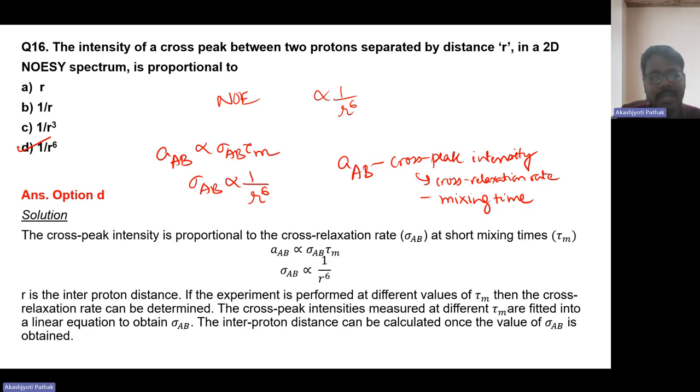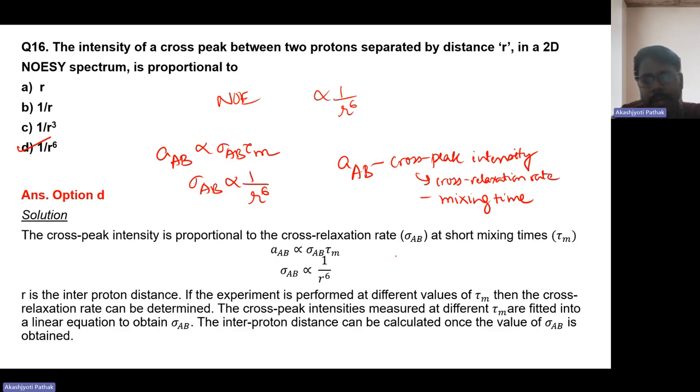So how is this value obtained? You take different mixing times, and at different mixing times the cross relaxation rate sigma AB can be determined. The cross peak intensities measured at different Tm values are fitted into a linear equation to obtain sigma AB.